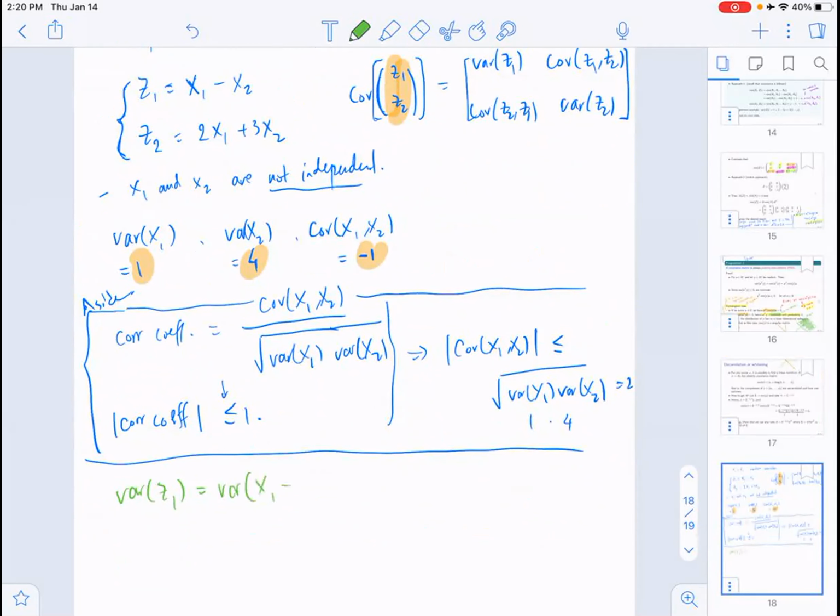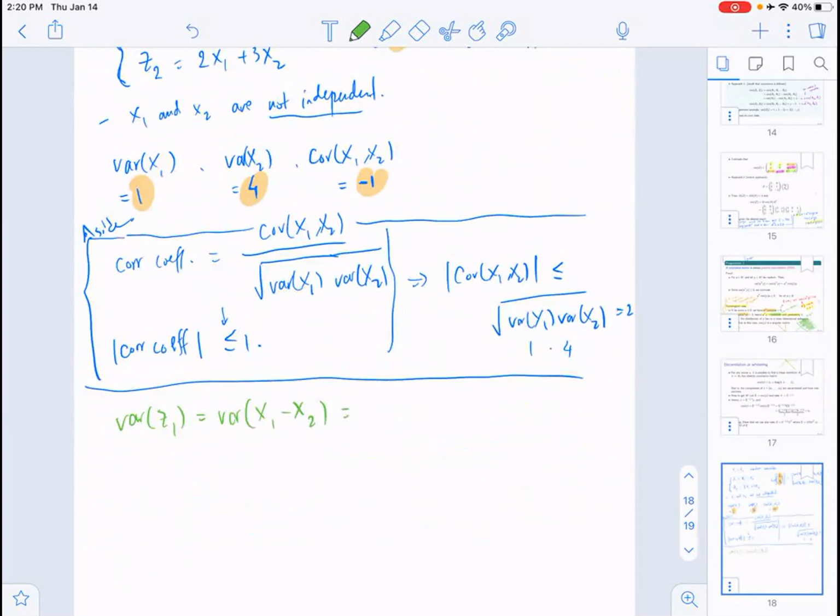We'll just use the property that this equals variance of X1 plus variance of X2, and this is equal to 5. Just 1 plus 4 equals 5.